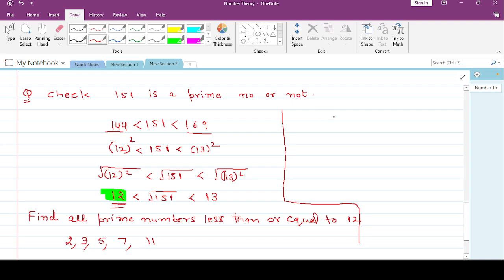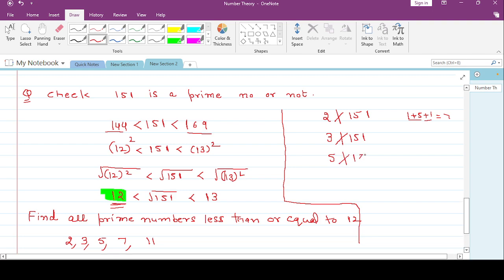See, clearly 2 does not divide 151. Next we want to check whether 3 divides 151. See what is the sum of the digits of 151. It is 5 plus 1 is 6, 6 plus 1 is 7. So 3 doesn't divide 151. Now next one is 5. You see here that 5 cannot divide 151. Now next one is 7.